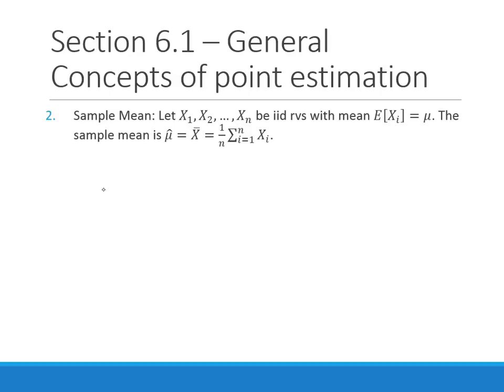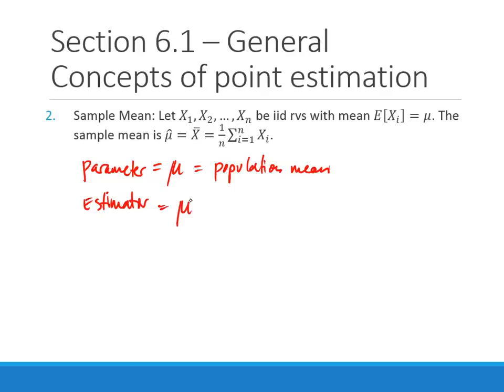So my parameter is mu, which is the population mean. And to estimate that, my estimator is mu hat, or I could just say x bar, which is the sample mean.